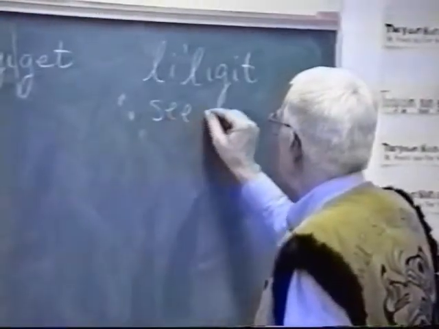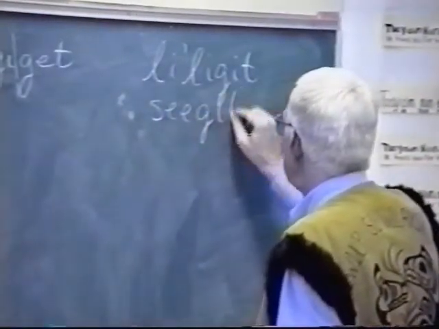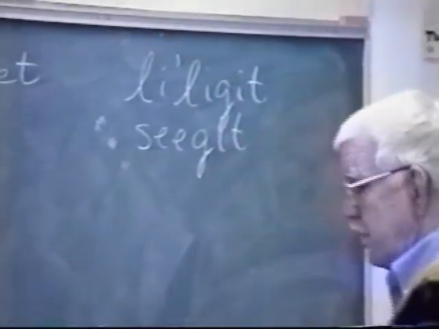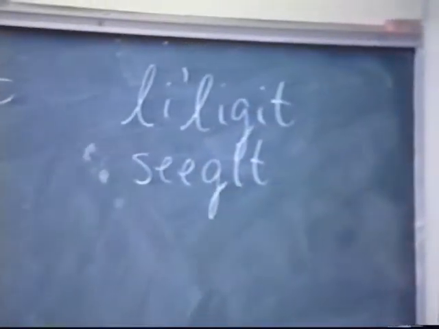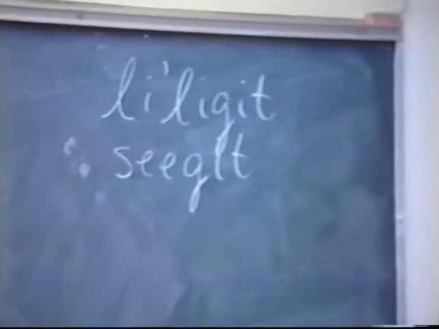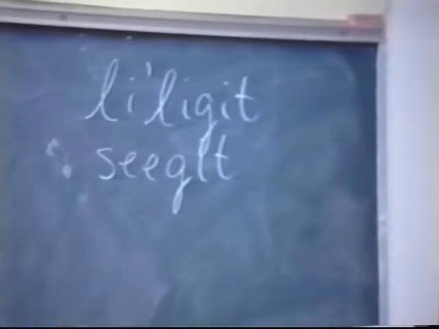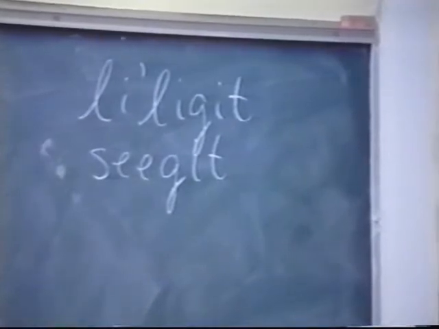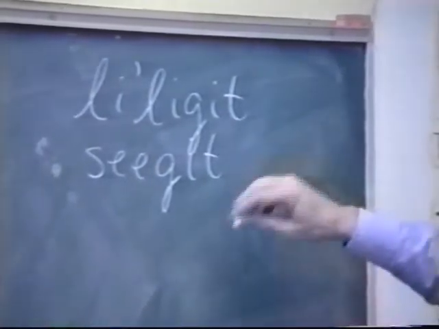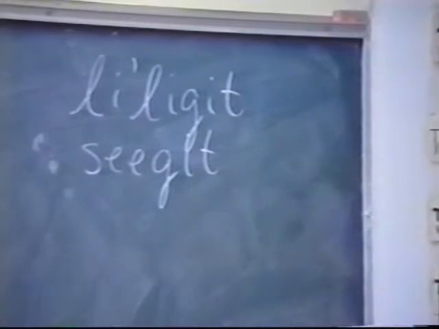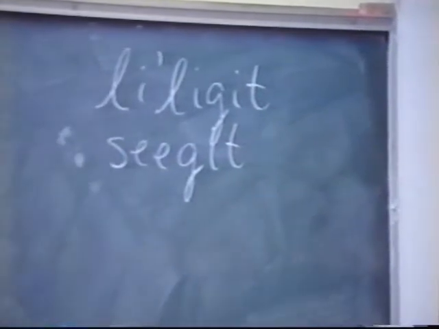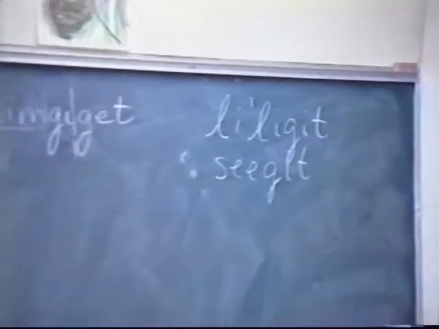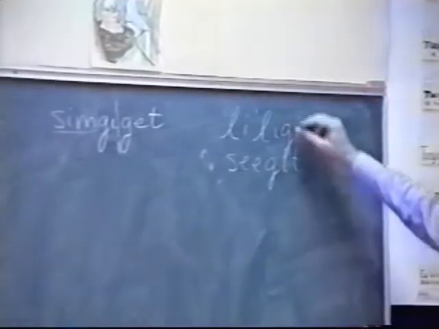And there is the word Sagit, which means to murder or murderer. Sagit. What all three of these words, Simagit and Lietligit and Sagit, have in common is the git.